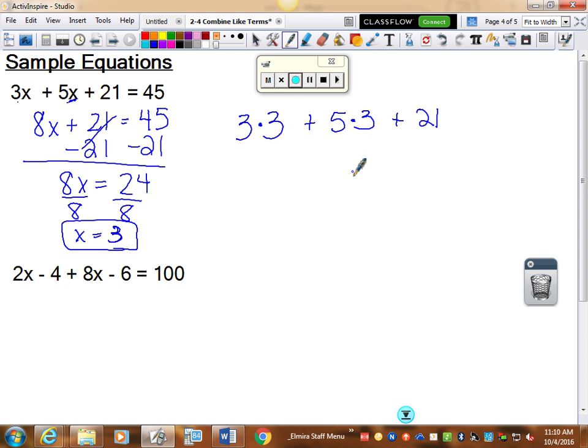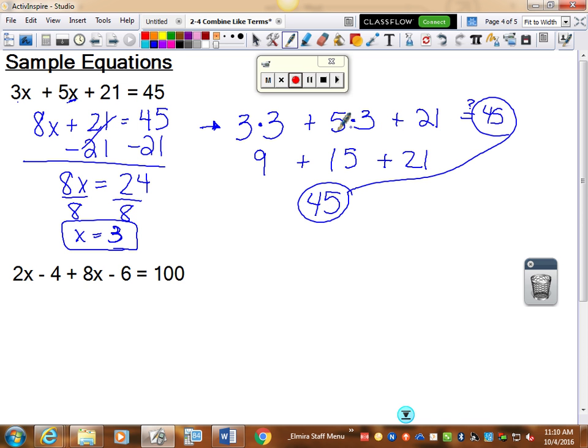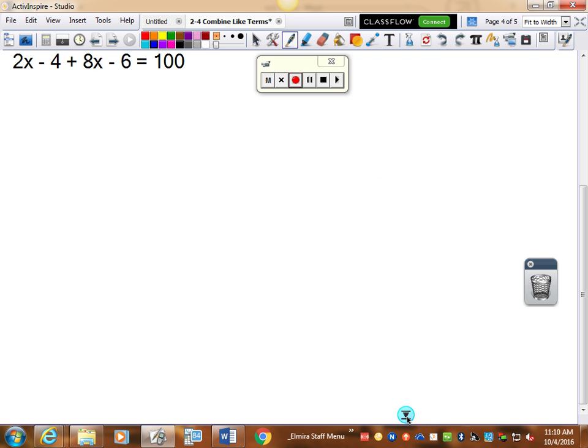And I want to see if that equals 45. 3 times 3 is 9, plus 15, plus 21. And again, I could just type this whole thing into the calculator. You don't have to do it all out. So if you have a calculator that does order of operations, you can just type it all in to check. Okay? All right, next problem.